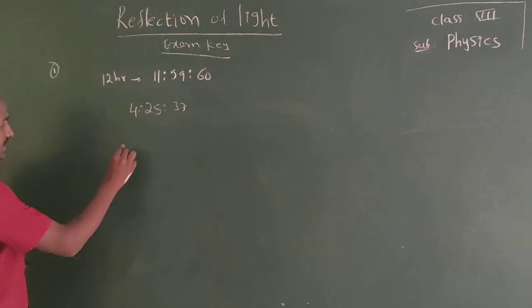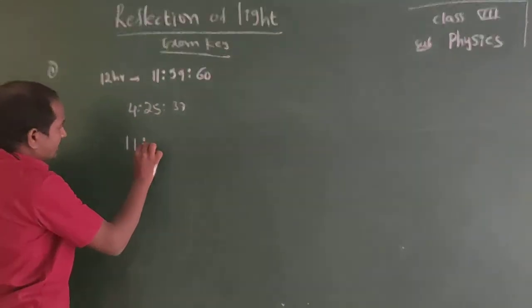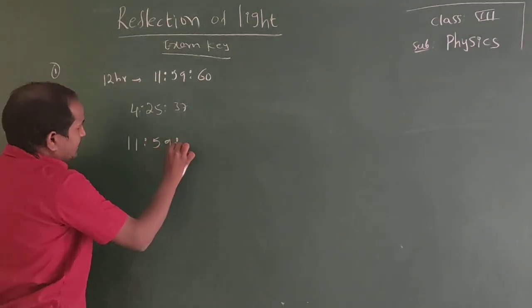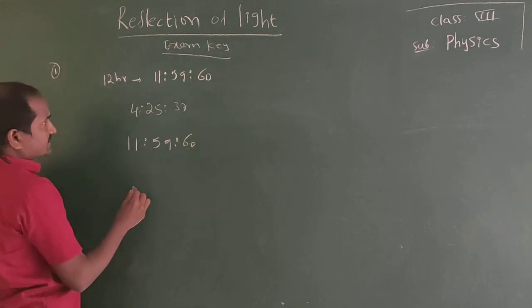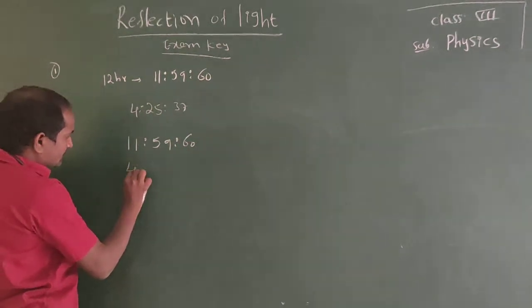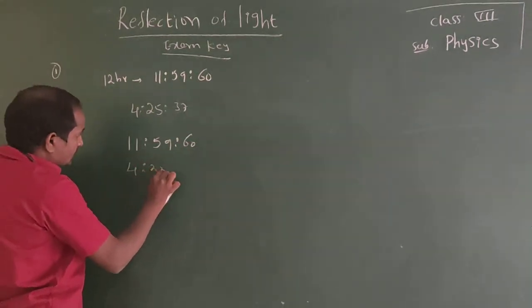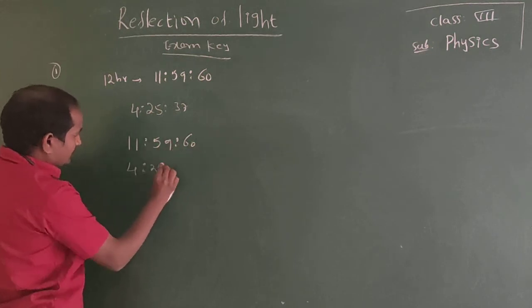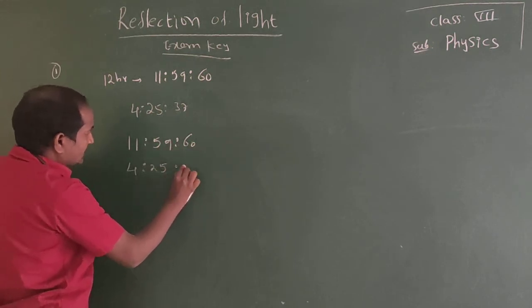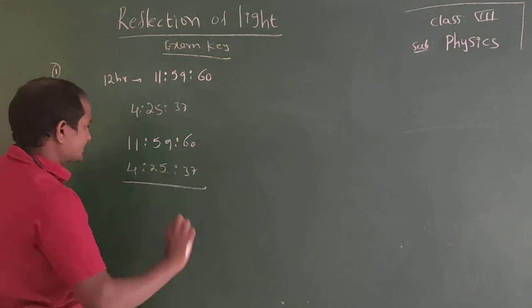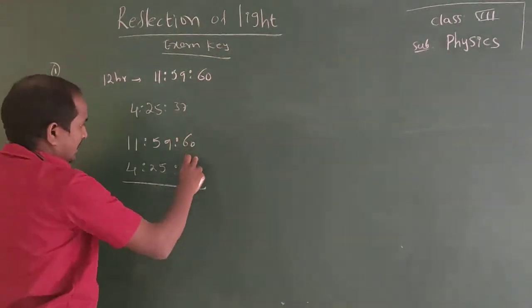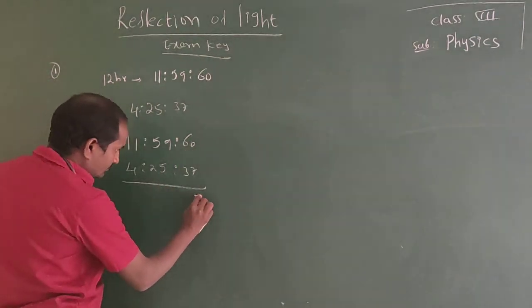Now here, 11 hours, 59 minutes, 60 seconds minus 4 hours, 25 minutes and 37 seconds. So it's 10 minus 7, 3.